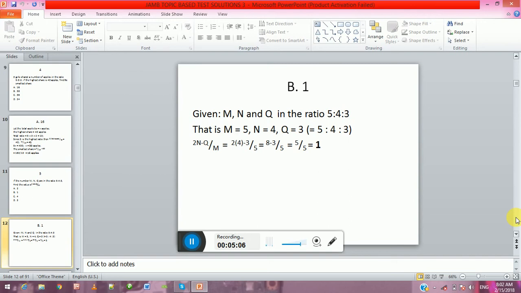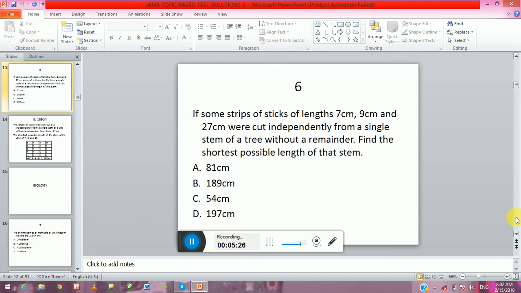So if you replace m, n, and q with their ratio numbers, you have 8 minus 3 over 5, which is equal to 5 over 5, which is equal to 1. So simply what you do is you substitute the value of the ratios for the letters, then you solve down, you get 1. Very simple.